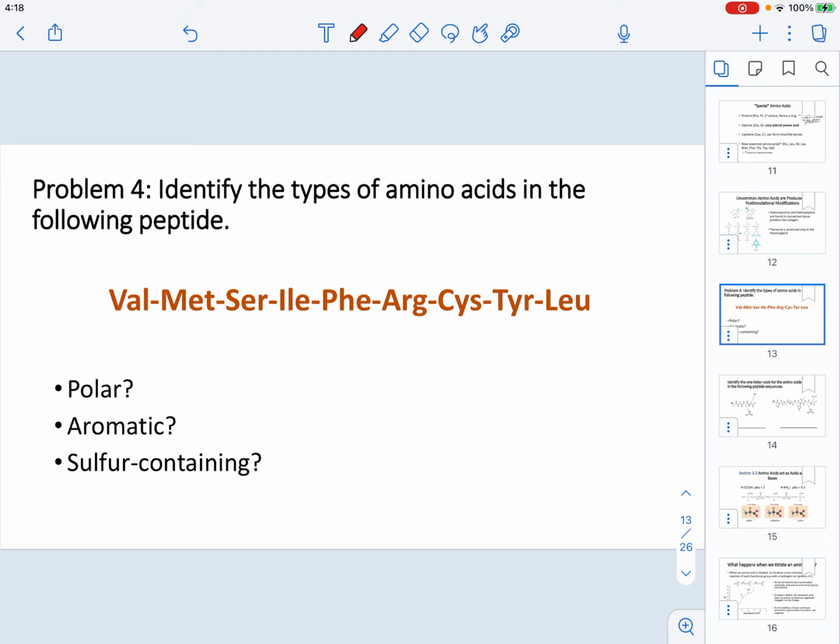So if we review the previous slides, understand that these amino acids have a classification. So when it comes to this, we start with valine. Valine, as you may remember, is going to be part of the nonpolar aliphatic amino acids. I'm just going to use little abbreviations for the categories. So I'm going to use NP for nonpolar.